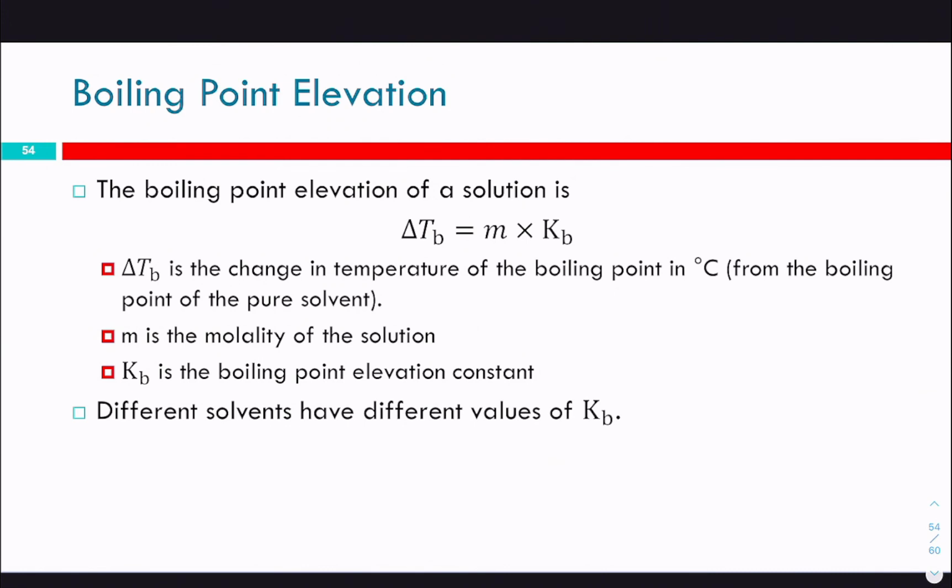It's delta TB equals the molality of your solution times the boiling point elevation constant. You could just write in your notes, C, freezing point depression, replace F with B.